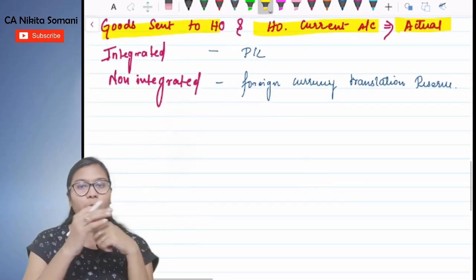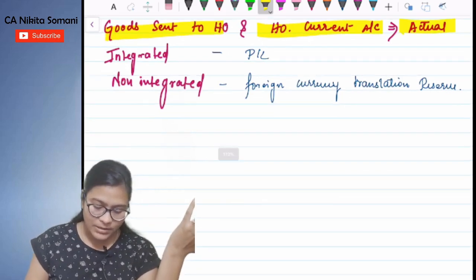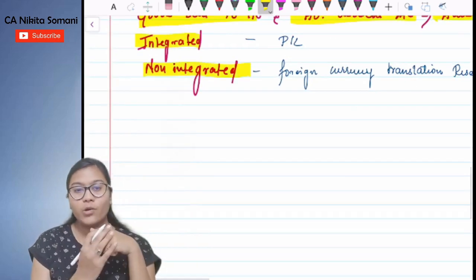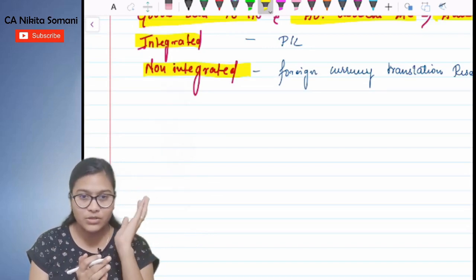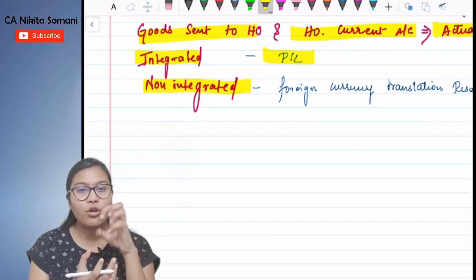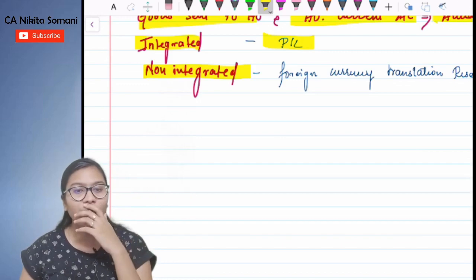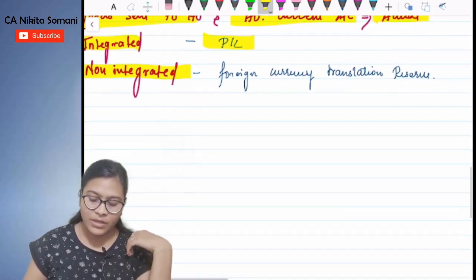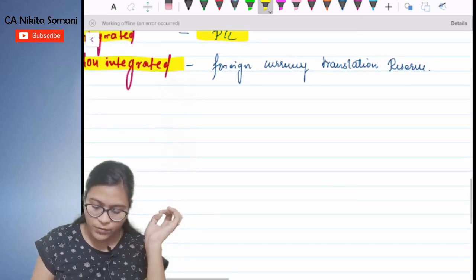These two things are to be taken on actual basis. Next, another thing, that is integrated and non-integrated. Now in the question it is said that it is integrated financial operations. Okay, so it is integrated, so any profit or loss will be transferred to the P&L account. And suppose if it was non-integrated, then any exchange rate difference should be transferred to what?